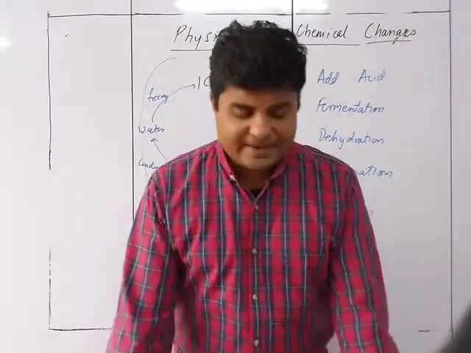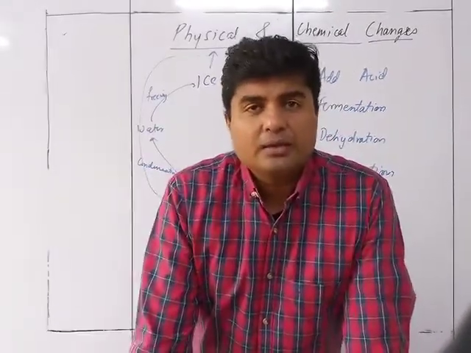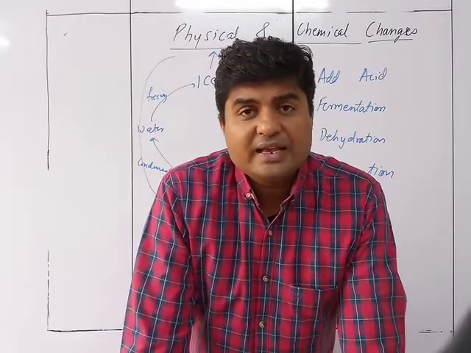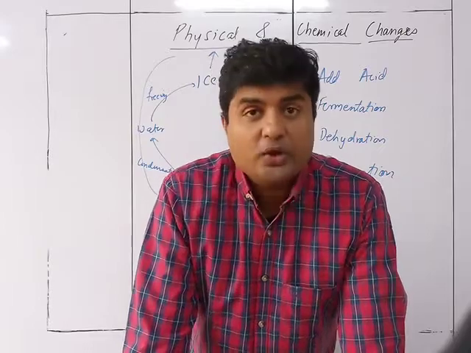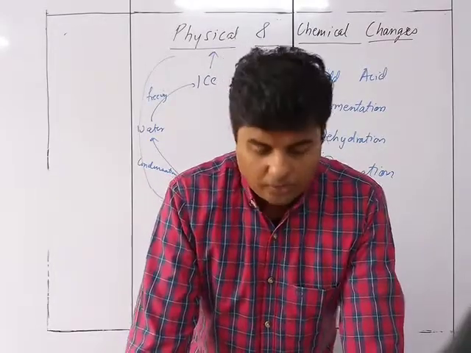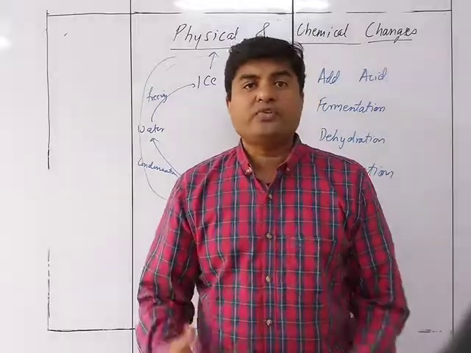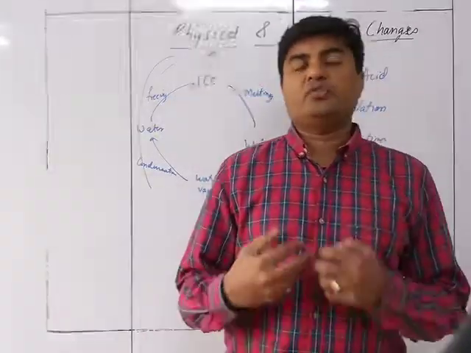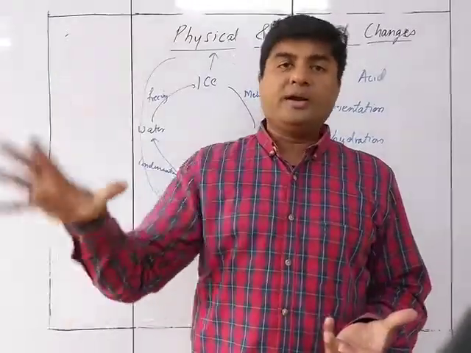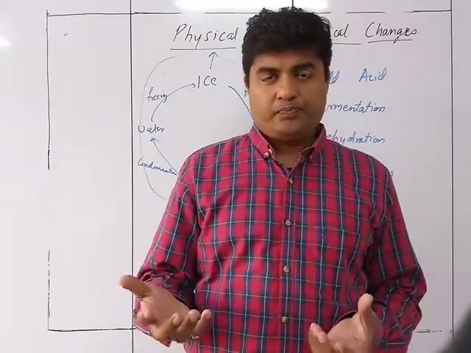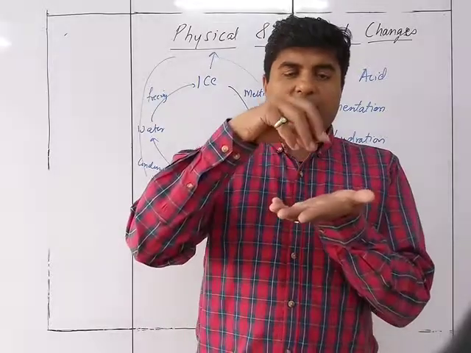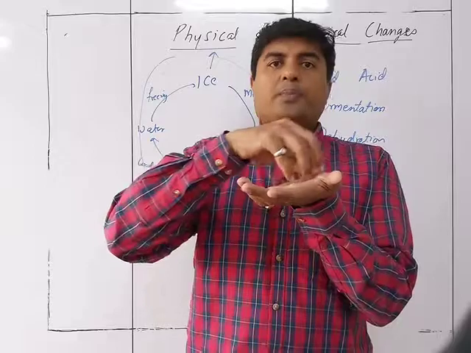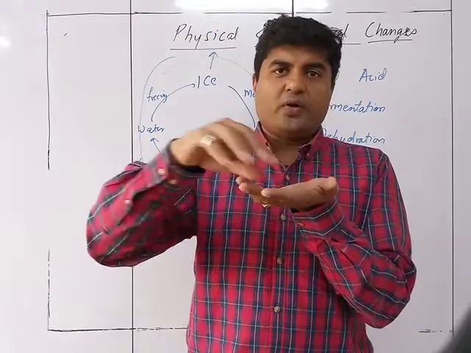Apart from those changes, another example is the carbon cycle. What is the carbon cycle? You can see it in our day-to-day life. We are continuously producing carbon dioxide, and that carbon dioxide is getting converted into oxygen by the plants. The plant takes in carbon dioxide from the air, does photosynthesis and gives out oxygen.